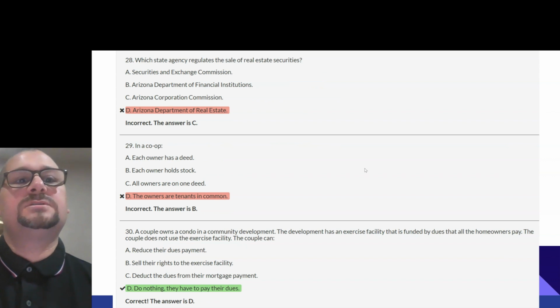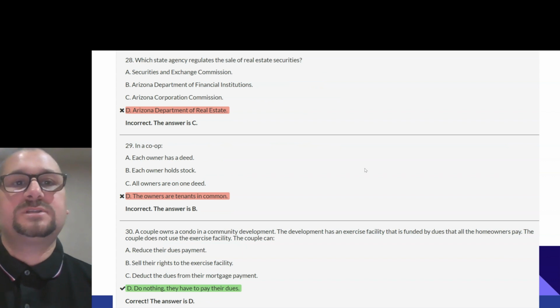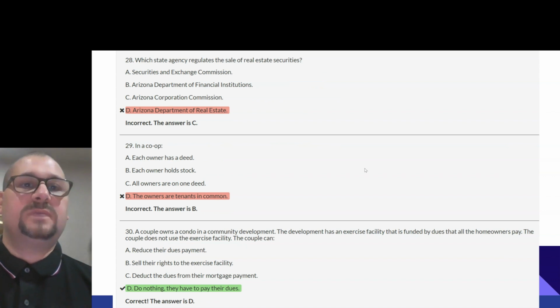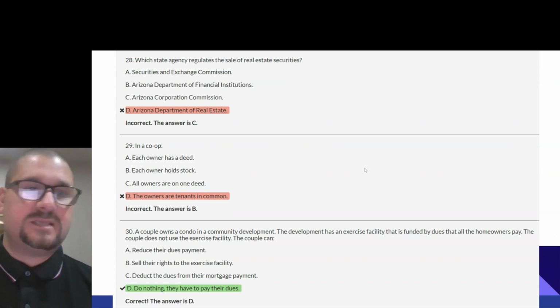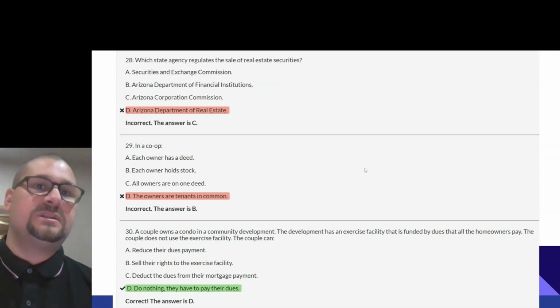Is it the SEC? No. Arizona Department of Financial Institutions? No. Arizona Corporation Commission? Yes. Arizona Department of Real Estate? No. That's the same people you go to for your LLC.